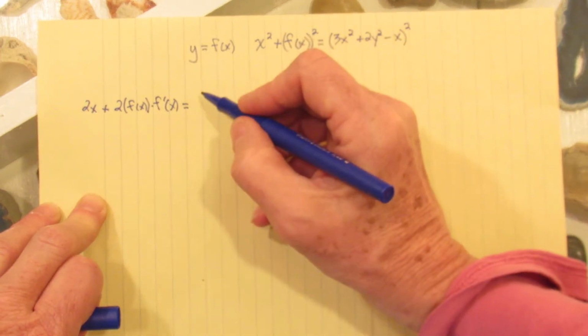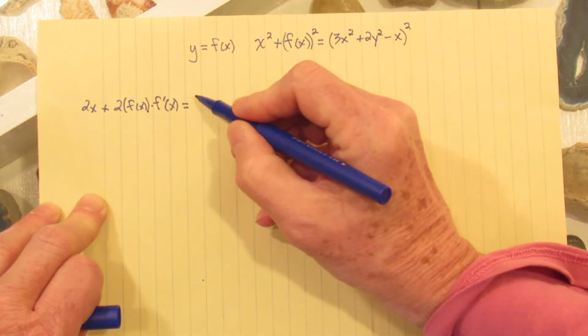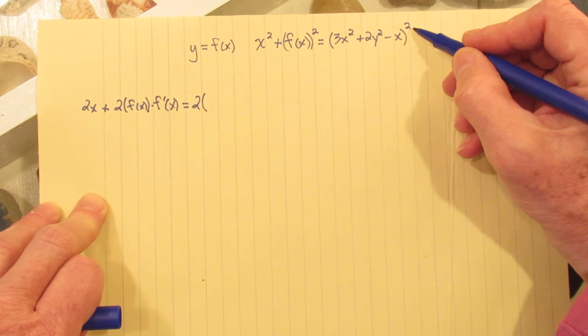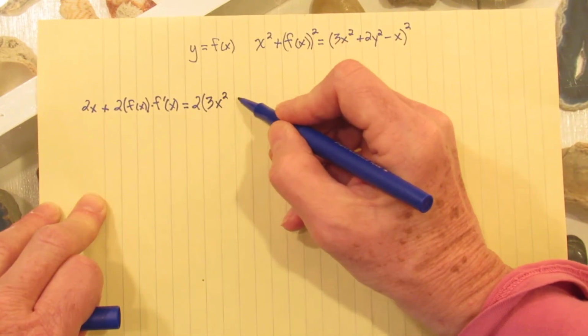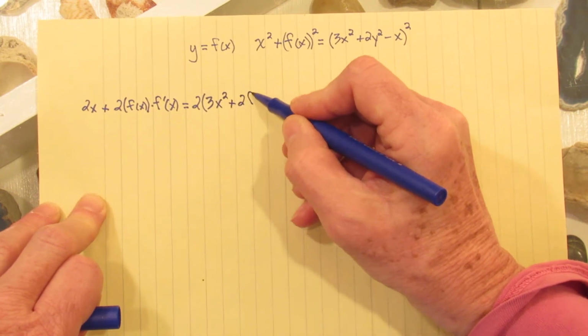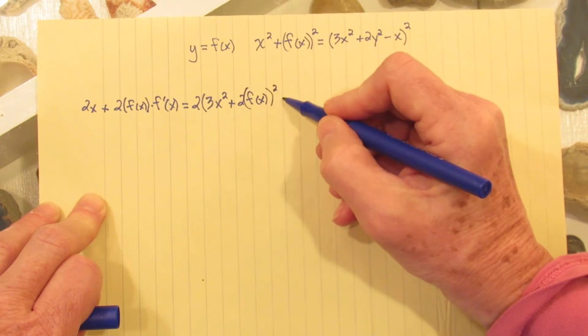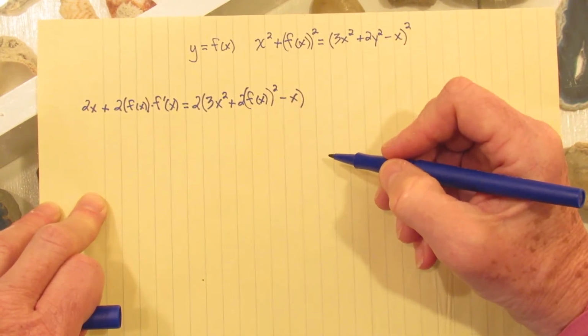Then on this side, the derivative of this whole expression starts off with the chain rule idea of taking the derivative of the outside, so 2 times, and then you leave the inside of the function alone. But again, I'm replacing y with f of x. And then our new power is 1 because we did the power rule.